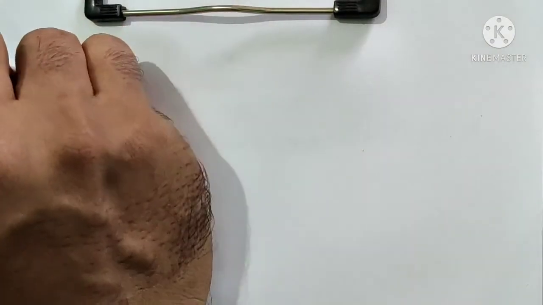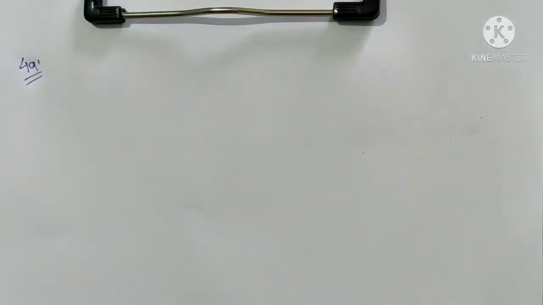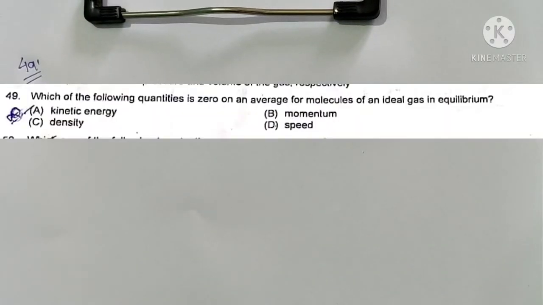Question number 49. Which of the following quantities is zero on an average for molecules of an ideal gas in equilibrium? Look, which quantity is zero on an average. So check the options once: kinetic energy, momentum, density, speed. Kinetic energy is a scalar quantity, density is a scalar quantity, speed is a scalar quantity, but momentum is a vector quantity.